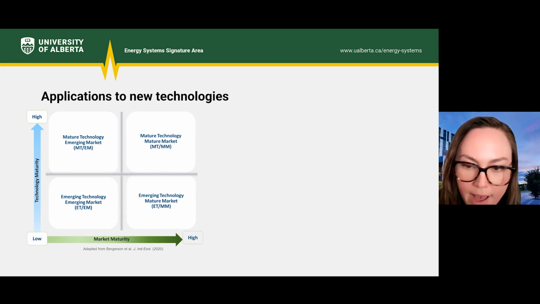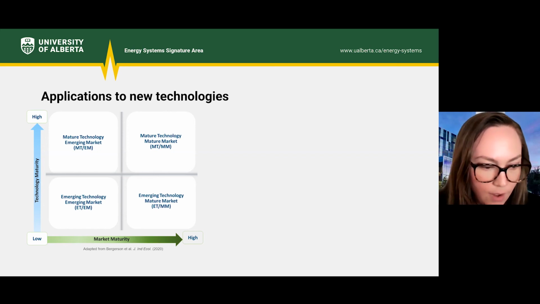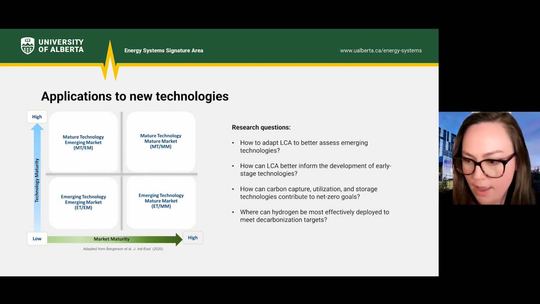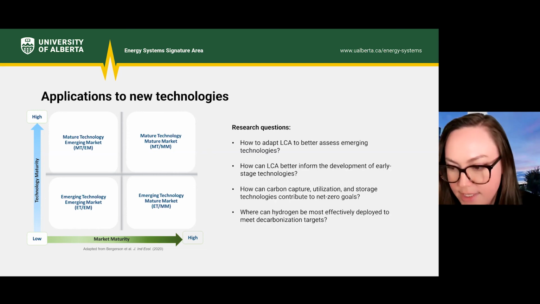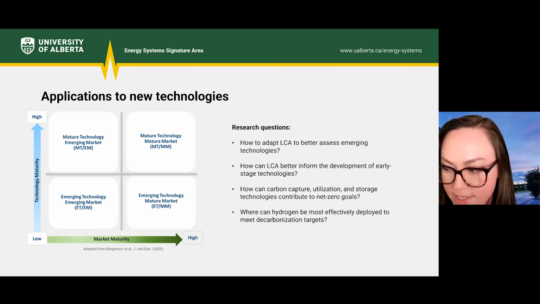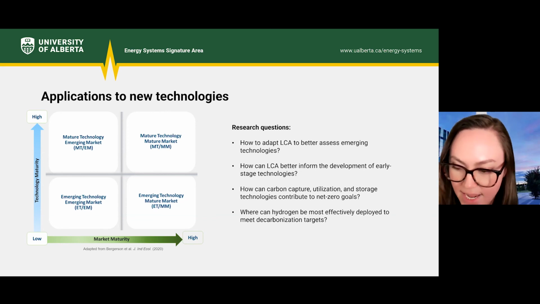There are also commercial technologies that haven't been deployed before, where you could look at the implications of deploying them in a new market. The types of research questions we ask are things like how you can adapt life cycle assessment to better assess emerging technologies where the system doesn't actually exist yet.